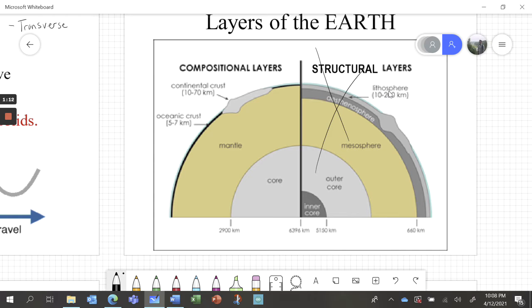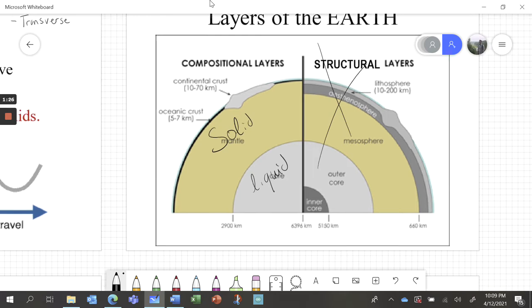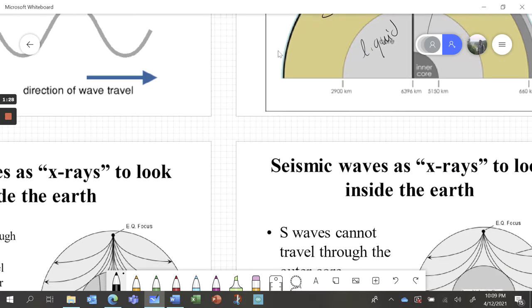But anyway, just know that we can essentially say that this is solid and this is liquid. The middle of Earth is a liquid, and then everything else is a solid, more or less. And that's all you need to know.